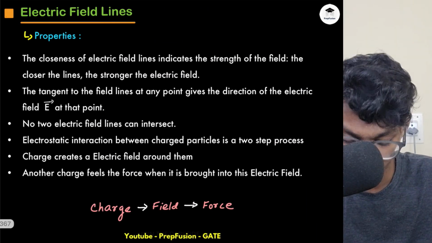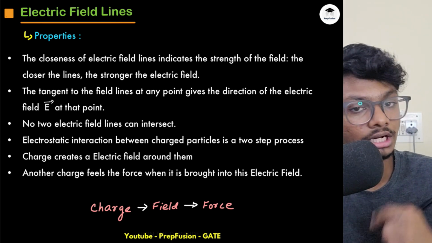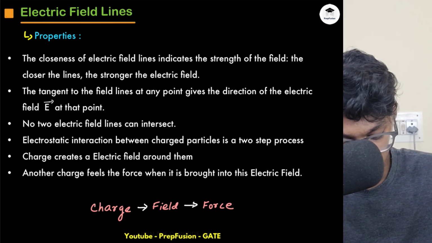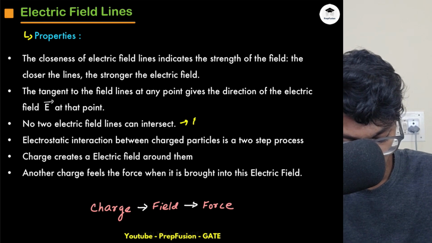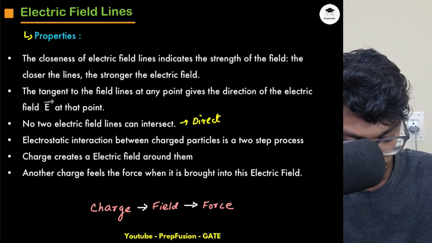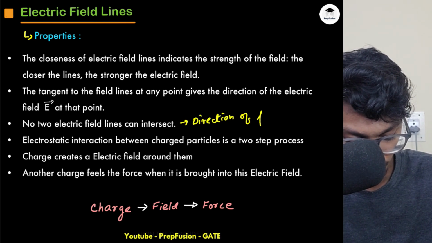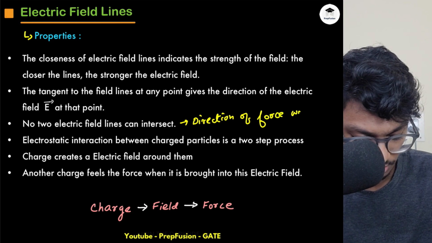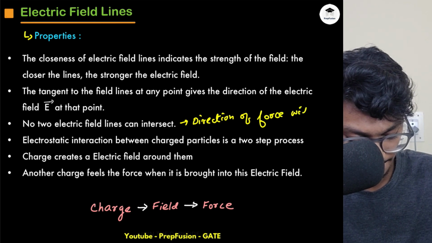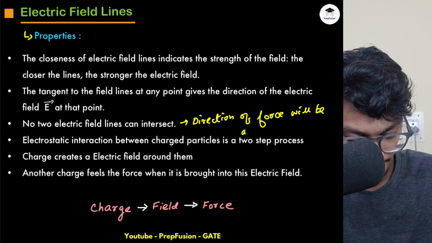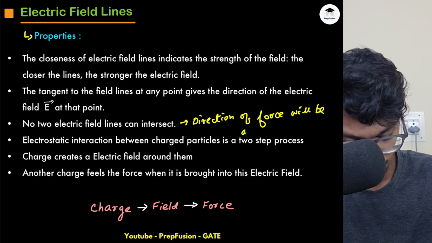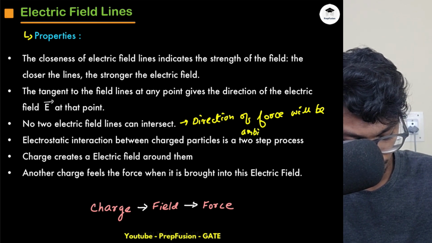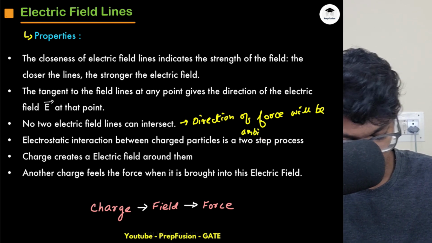Why can they never intersect? Because if the two lines intersect, then the direction of force will be ambiguous.